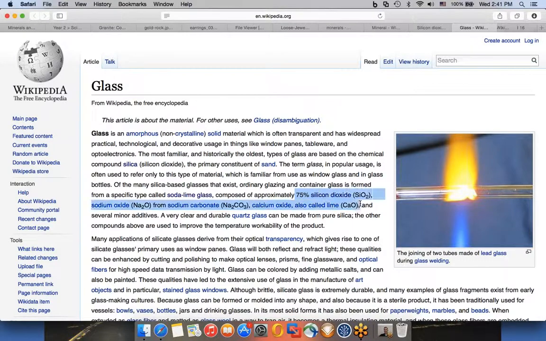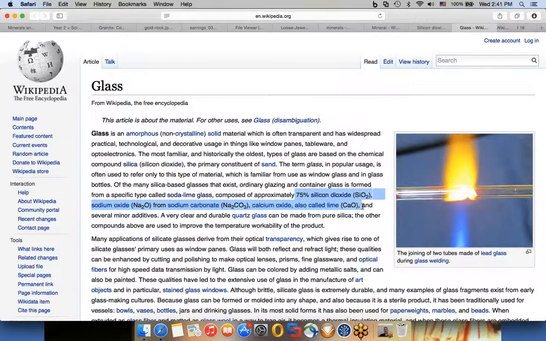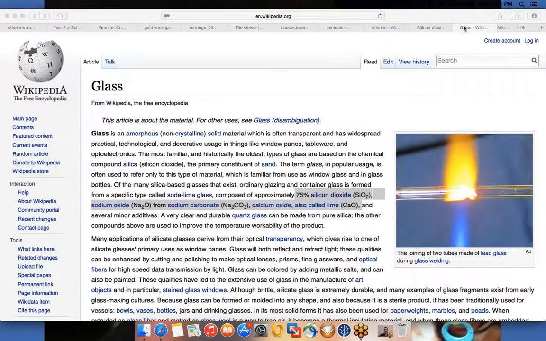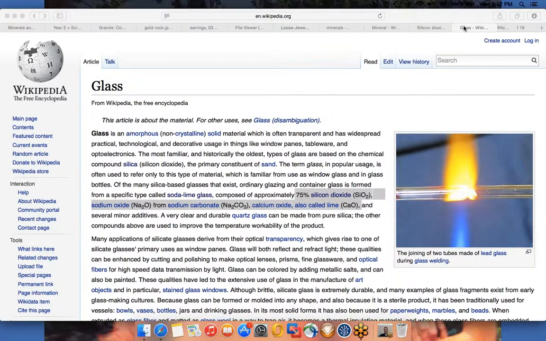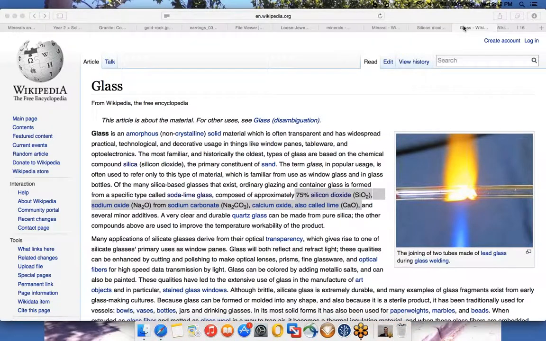And these four components, and then it says, and several minor additives. But mainly these four components make most of the glass that we use in glazing. Sometimes they add other additives in order to give it a different color or a different hardness and so on, okay?